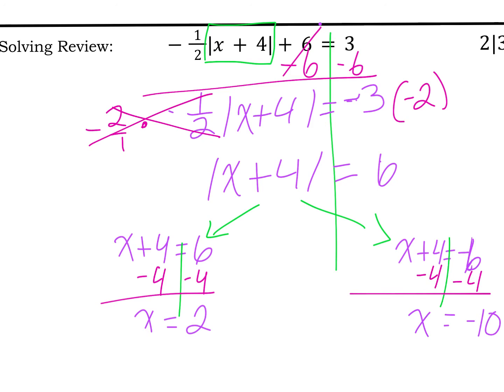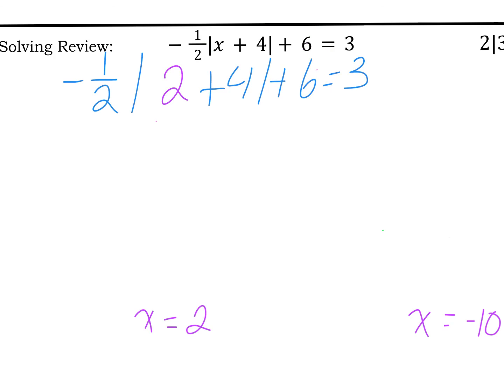So you think we're done, but with absolute value, you have to check for extraneous solutions, meaning whatever we get, we need to plug into x right here. So let me make some space. Once you have the 2 plugged in, you can clean up the absolute value. So 2 plus 4 is 6. Inside that absolute value sign, don't forget that plus 6 after and the equals 3, and that negative 1/2 out front.